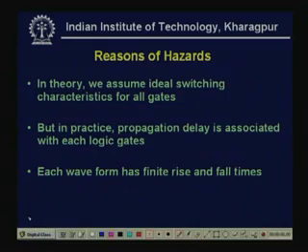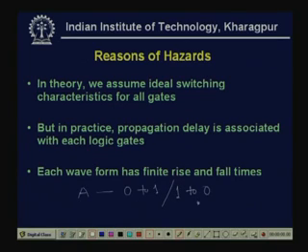What do we mean by switching? Switching is when a value changes from 0 to 1. Say one variable A is changing from 0 to 1 or 1 to 0, then it is taking almost no time.